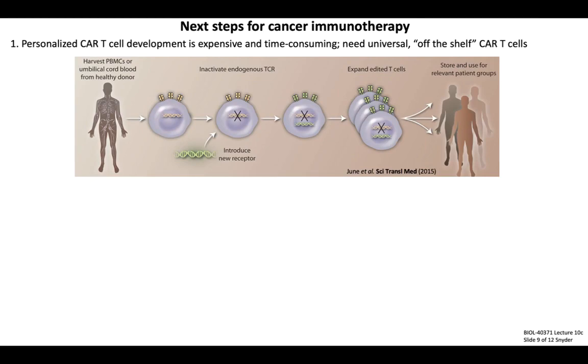Aside from minimizing off-target toxicities, there are a few other next steps for the development of cancer immunotherapies. The T-cell engineering strategies that we went over today all involved cases of autologous cell transfer, where cancer patients' own T-cells are removed, modified, and then reinfused. This entire protocol is highly personalized, which means that it's expensive, time-consuming, and only available to people that have access to advanced medical care.